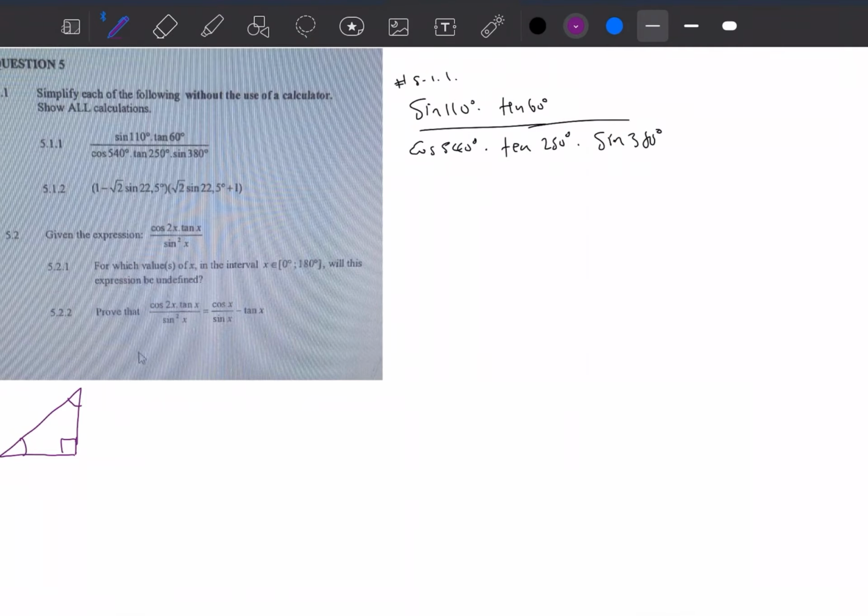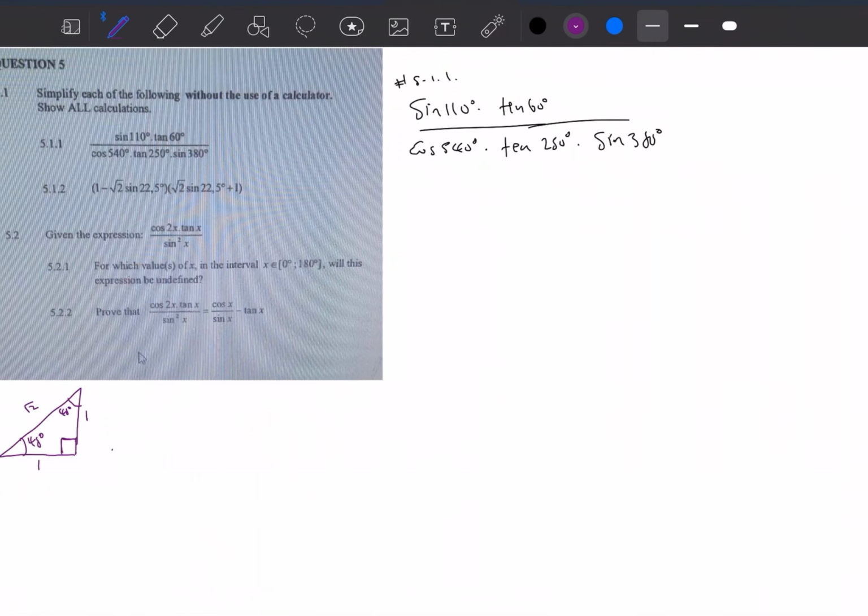Now if you have a right angle triangle, meaning that you have a 90 degrees, and this is 45 degrees, therefore this is 45 degrees, and this side is going to be 1 unit long, this side is going to be 1 unit long, and this side to be square root 2 units long, and that's the hypotenuse side.